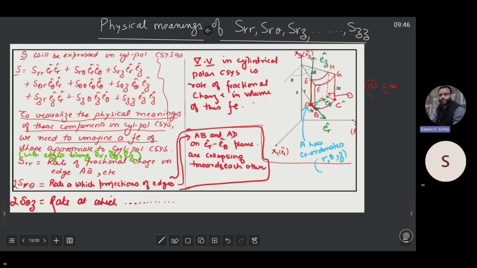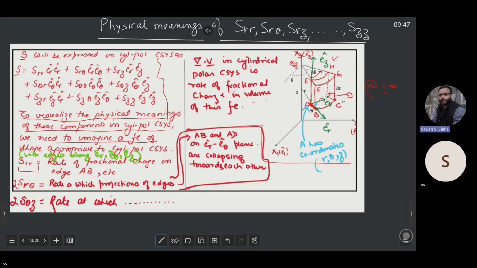And then you go delta theta along the direction of E theta. And you go delta Z along the direction of EZ, written here. So you get a kind of curved shape of the fluid element. Are you able to visualize this? Okay. Now, with that fluid element in front of you, we can interpret the physical meanings of various things.